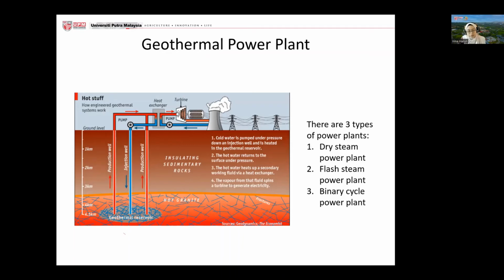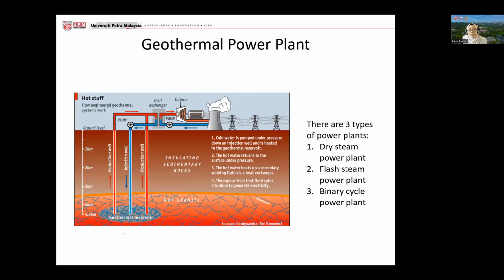So this is a reservoir. What happens is that you have cold water from the surface, and you pump it into the reservoir. This cold water, as it goes into the reservoir, which is hot, will be heated.